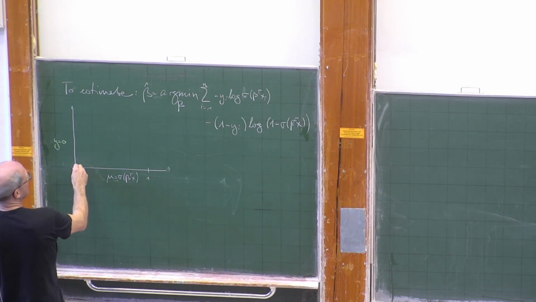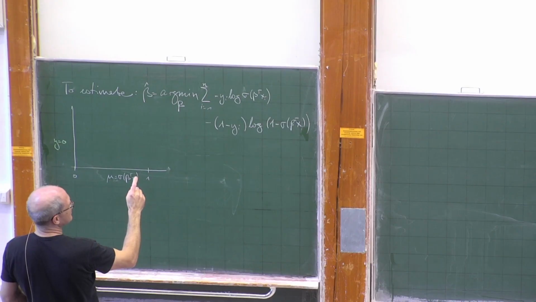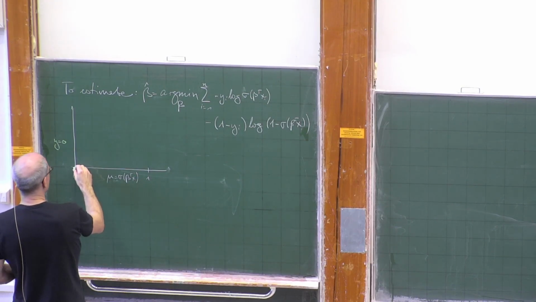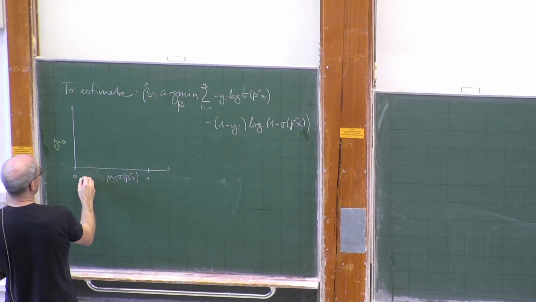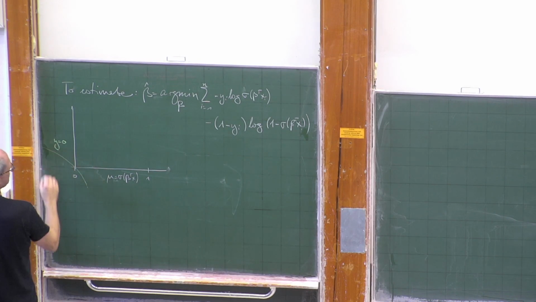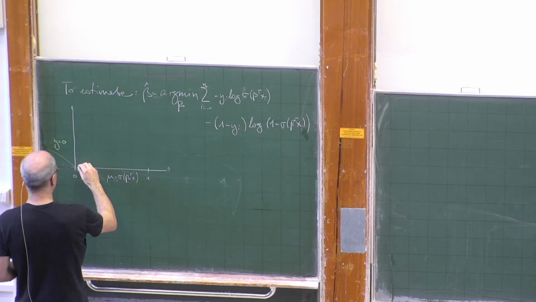So 1 minus mu, the logarithm would look like so. But now we have minus that.